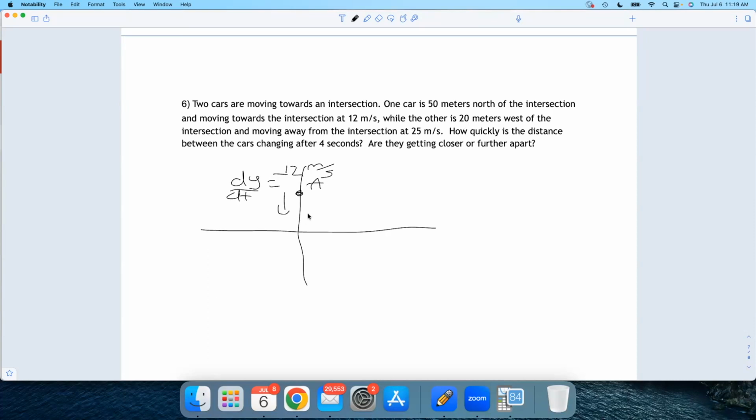The other guy's west, and that'd be over here, moving away from the intersection. So he's moving this way. See, this is X. His X is decreasing at negative 25 meters per second.